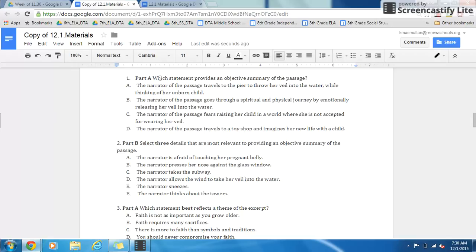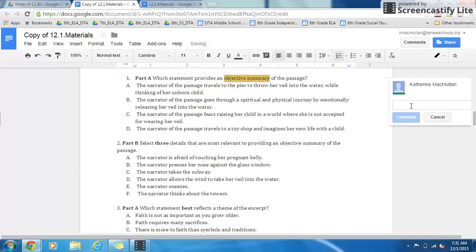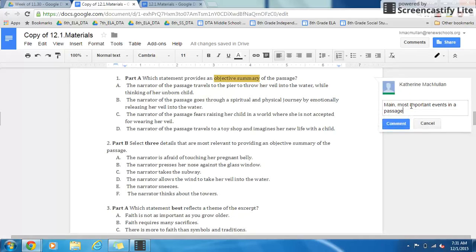So our first question is, which statement provides an objective summary of the passage? So we're looking for an objective summary. What is an objective summary? An objective summary is the main or most important events in a passage or in a story, but it does not include the reader's opinion or any opinion at all.